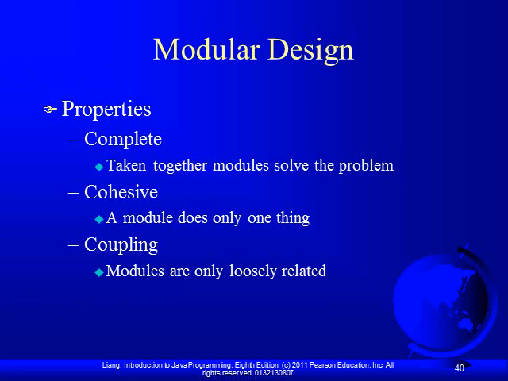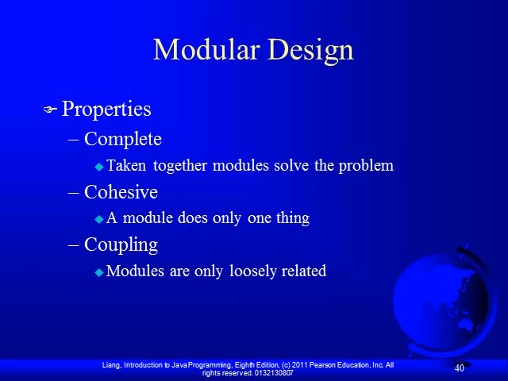Well, when considering modular design, we have to be assured that each module meets the following criteria. First of all, completeness. If we take all the modules as a whole together, they completely satisfy the problem specifications. They solve the problem.